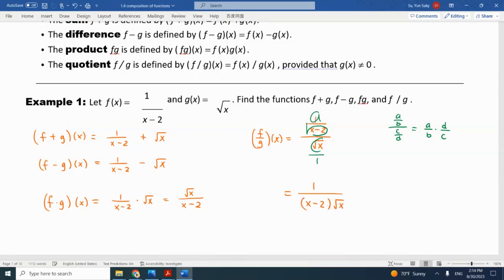So multiply by square root of x downstairs. And don't forget your baby. What's your baby? Parentheses. Yes. Because you mean the whole thing multiplied by square root of x. You don't want just x minus 2 square root of x. You want x also multiplied by x. Okay, everybody? All right.